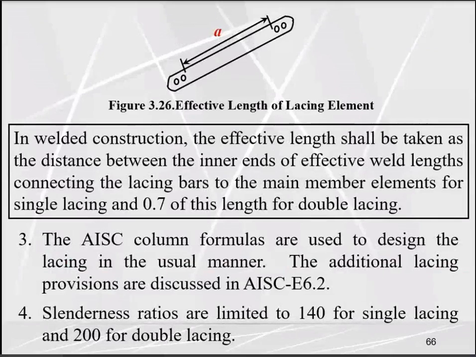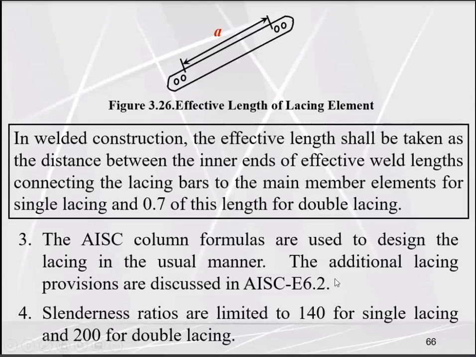Then the AISC column formula. The design for the lacing will be the same as the compression member design. Design will be based upon the slenderness ratio, and for the slenderness ratio, we need the length. The effective length I have explained how to compute, and the radius of gyration I will explain in the next slide. Slenderness ratio is limited to 140 for single lacing and 200 for double lacing.